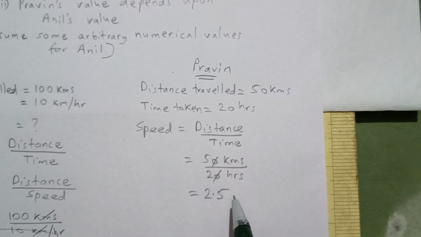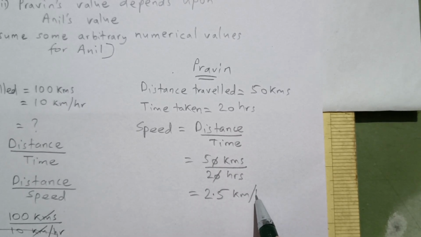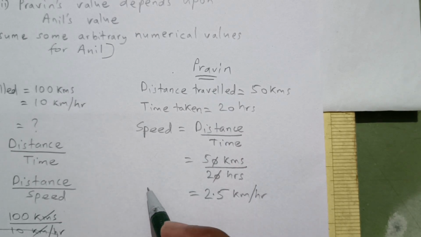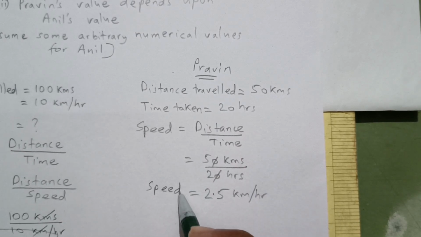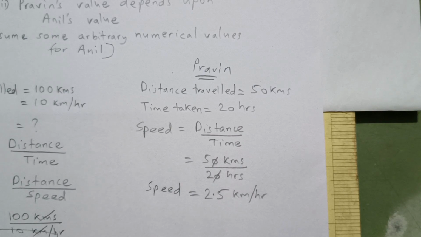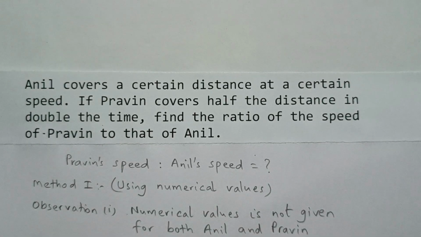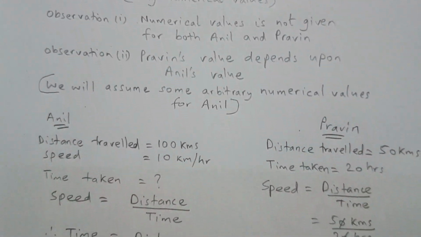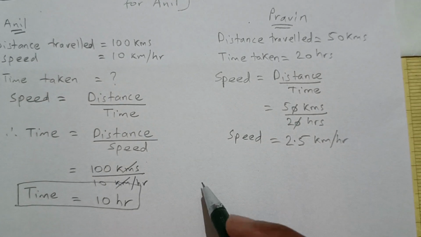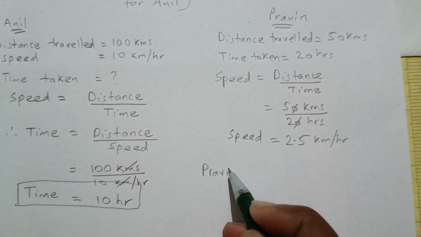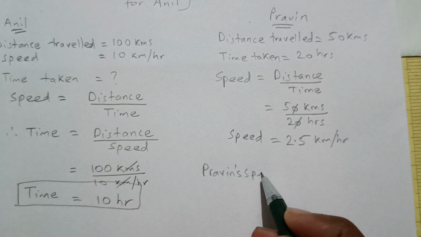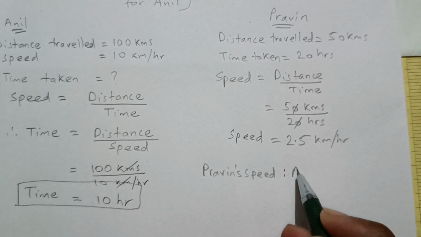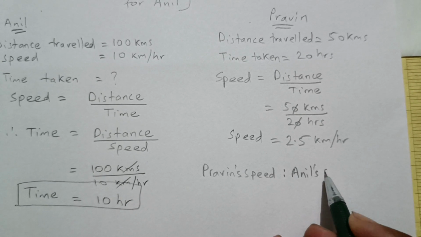So the speed of Praveen is 2.5 kilometers per hour. Now we have to find the ratio of the speed of Praveen to that of Anil. So Praveen's speed to Anil's speed is how much?